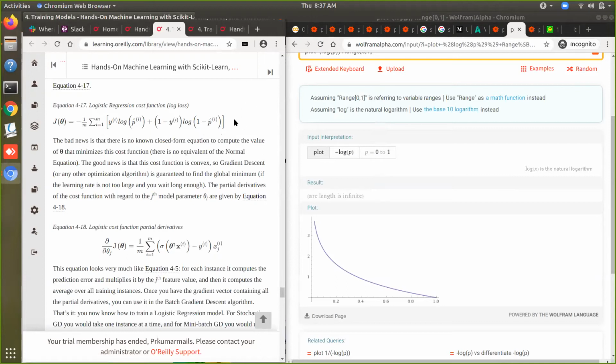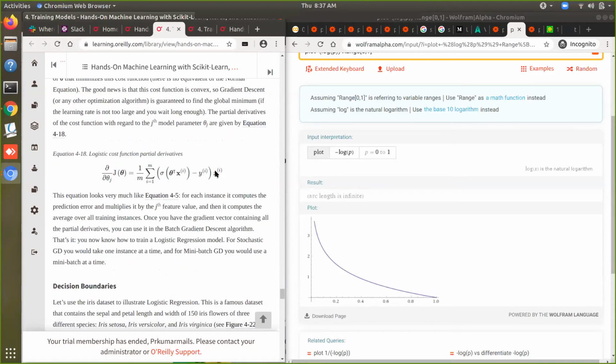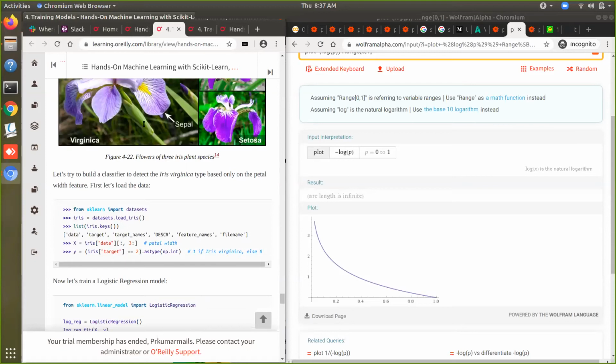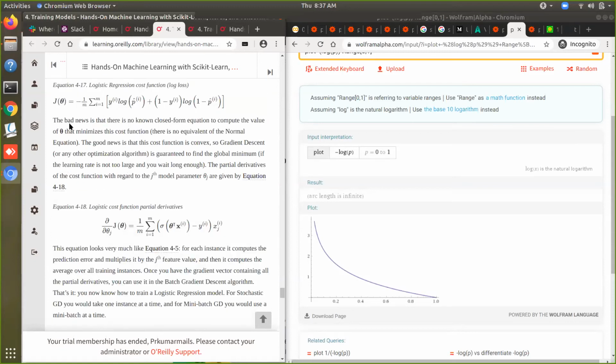We have to minimize the sum of theta squared if it is L2. If it is L1, we have to add the sum of the modulus of theta. And in this equation also, it is J of theta; here theta is hidden in this p value.